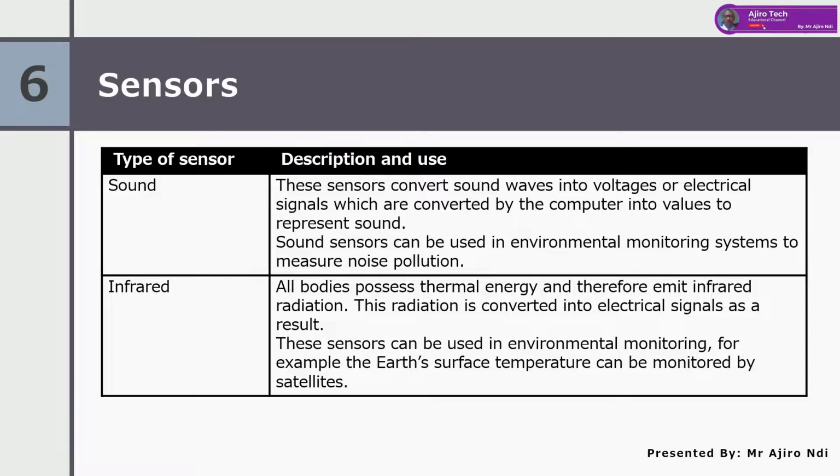For example, the Earth's surface temperatures can be monitored by satellite. So what this is saying is that our body possesses thermal energy, so it emits infrared radiation, and the sensor converts that into an electrical signal. That is why it is used in environmental monitoring, to monitor changes in the environment as much as possible.